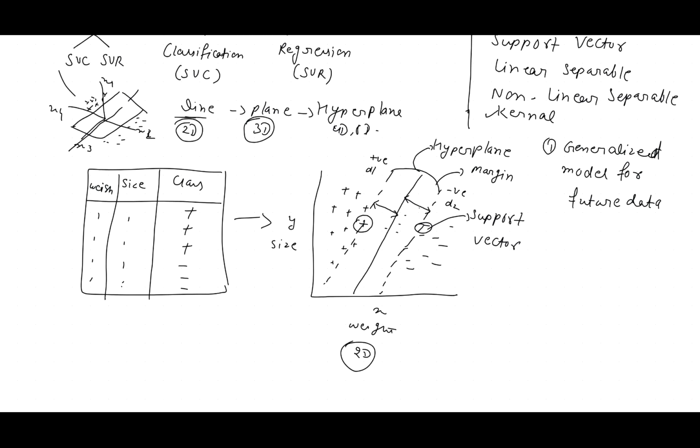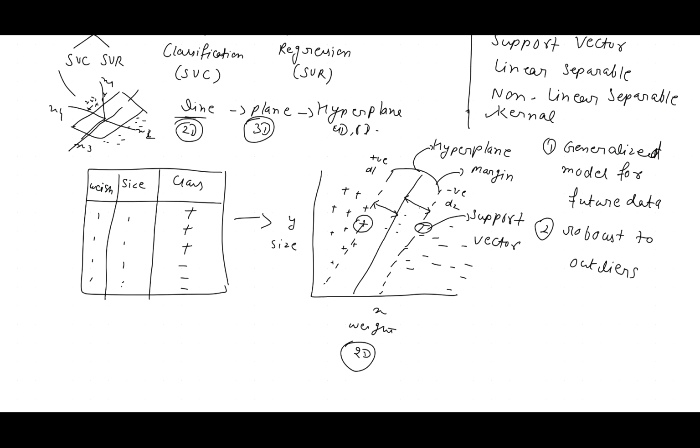And that's why this is robust to outliers. This is another advantage. It is robust to outliers too, because it classifies clearly even if the data point is here, by drawing this plane. So this belongs to the negative class and this belongs to the positive class.